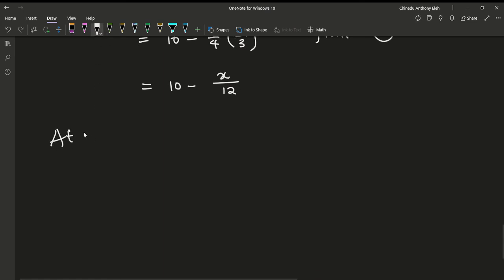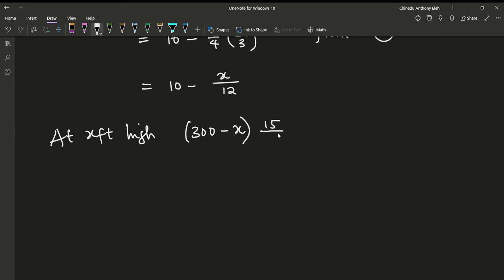So at x feet high, 300 minus x feet times 15 over 300 pounds of rope is pulled up.